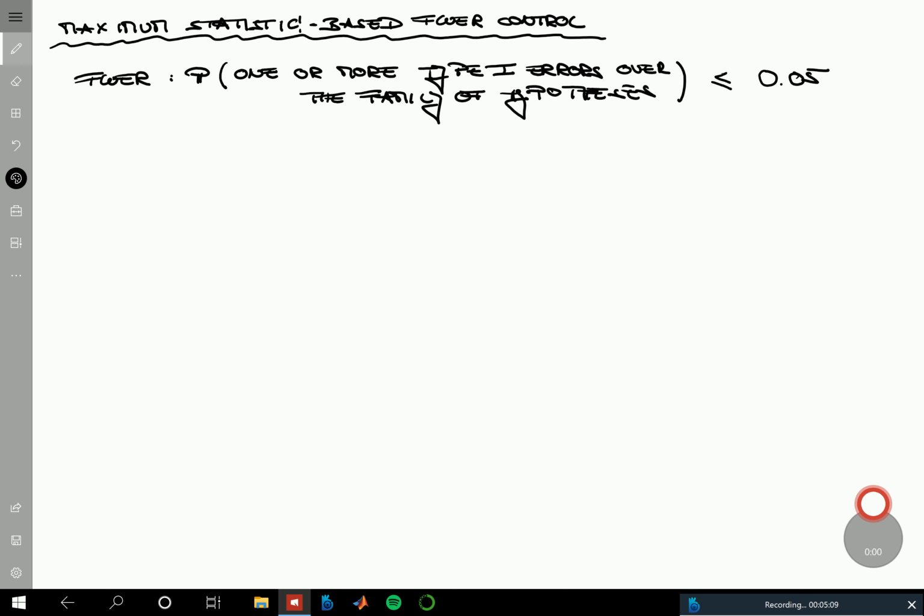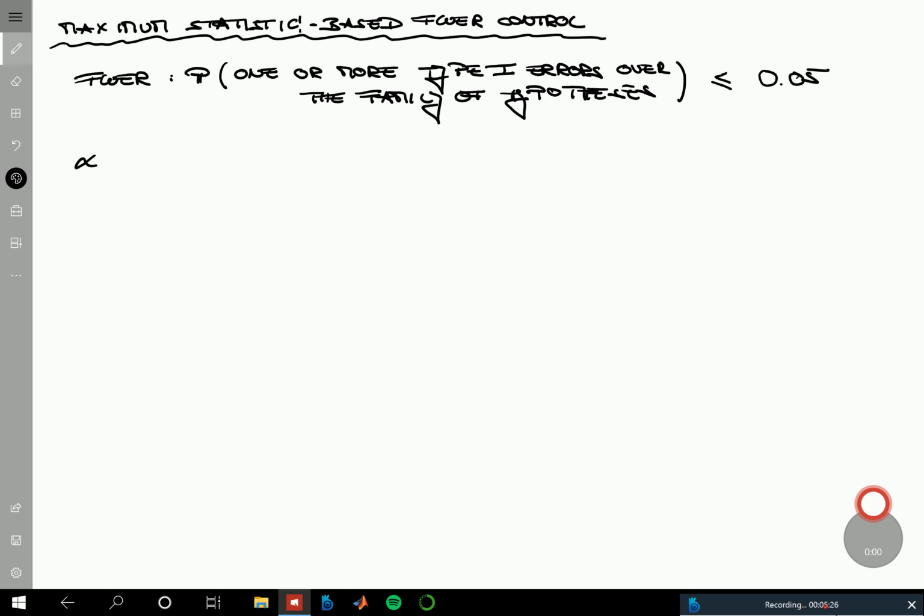Now, to understand how the maximum statistic plays into that, we have to state this probability a bit more formally, so that it's easier to write than what I just wrote.